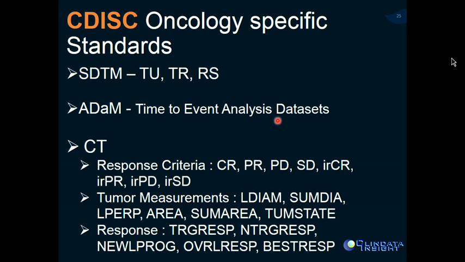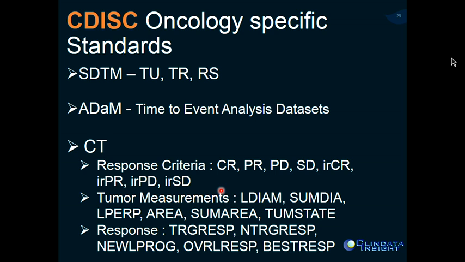This includes the event descriptions and also censoring information for those events. And also controlled terminology such as response criteria: complete response, partial response, progressive disease, and stable disease, and immune-related response criteria as well.